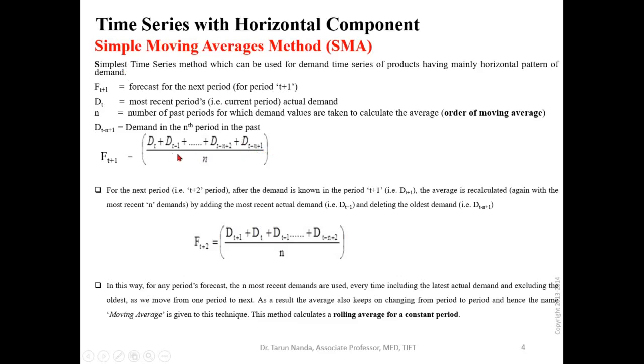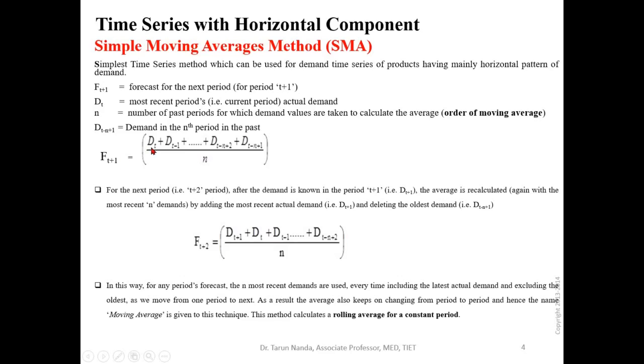But I again repeat, for the first period it is dt-0. So for the nth period, the past sales value was dt-n+1. So this dt-n+1 is the nth sales of the product that happened in the nth period in the past.